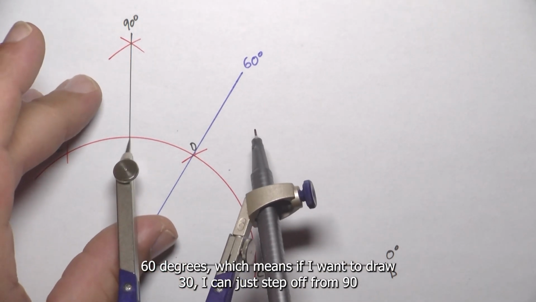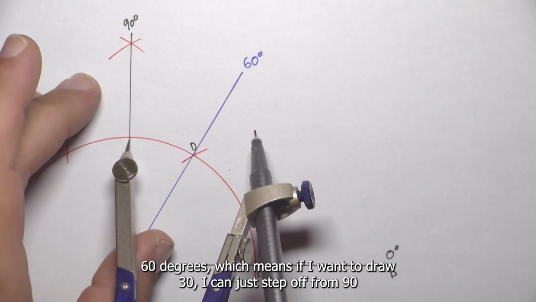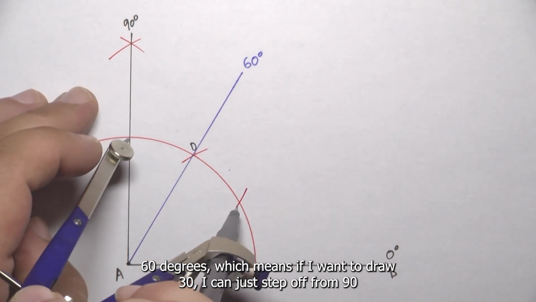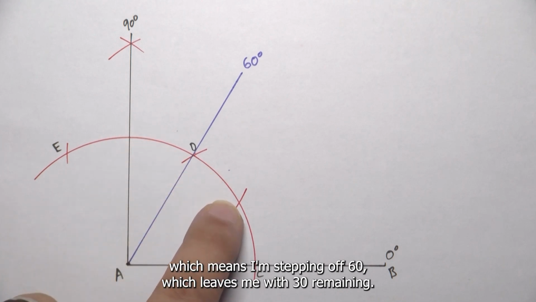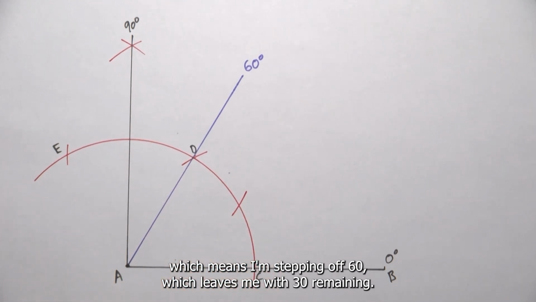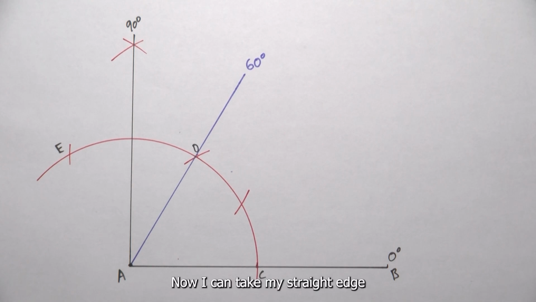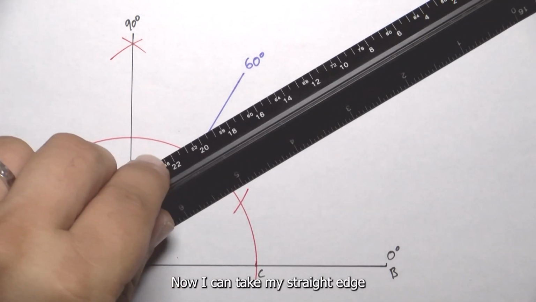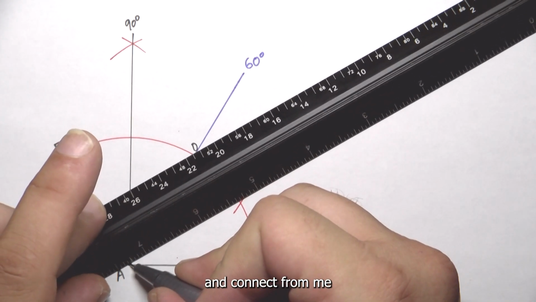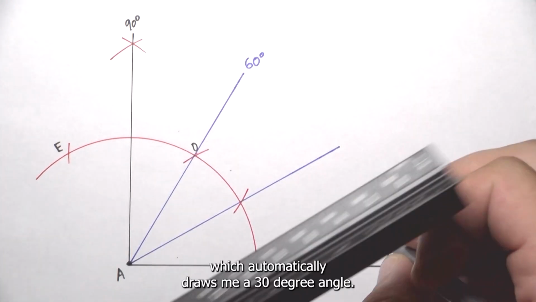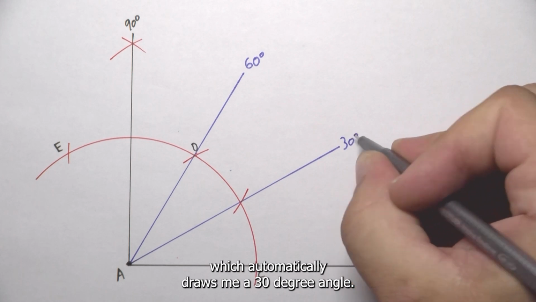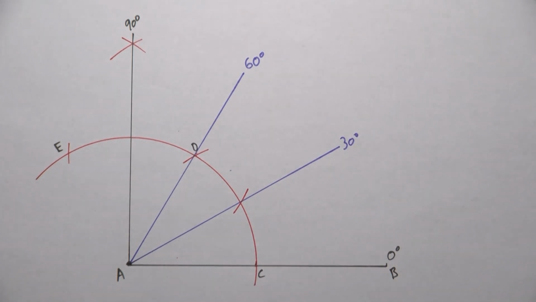Which means if I want to draw 30, I can just step off from 90 and scribe an arc down here, which means I'm stepping off 60, which leaves me with 30 remaining. So now I can take my straight edge and connect from A and go right through that point, which automatically draws me a 30-degree angle.